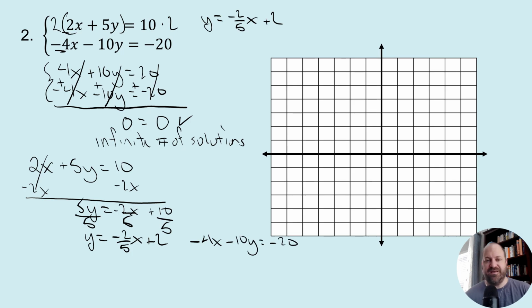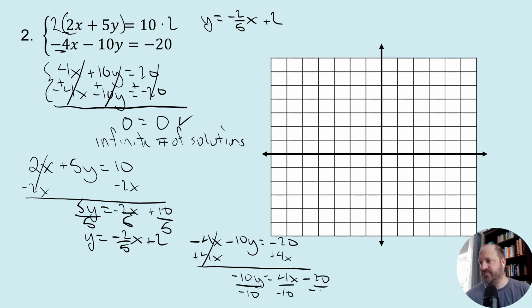negative 4x minus 10y equals negative 20. Let's add 4x, add 4x. The 4x's cancel out. Negative 10y equals 4x minus 20, divide by negative 10, negative 10, and negative 10. The negative 10s cancel out.